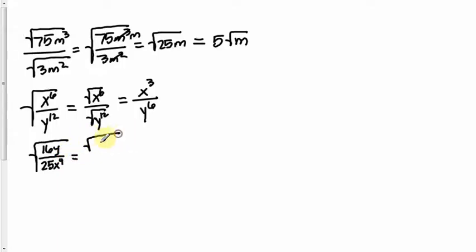Break it up into the square root of 16y over the square root of 25x to the 4th. The square root of 16 is 4, but the y stays inside there because it's not square rootable. The square root of 25 is 5, and the square root of x to the 4th is x to the 4 divided by 2, which is 2.